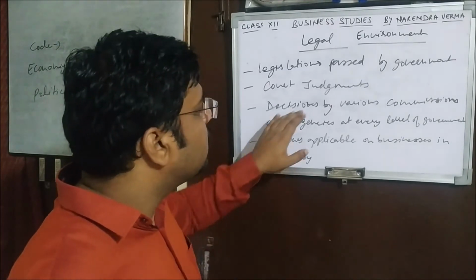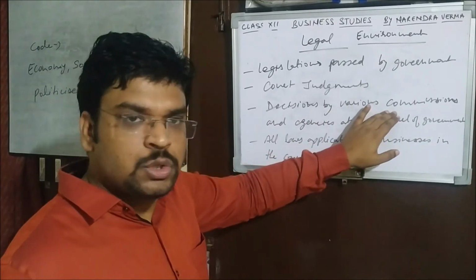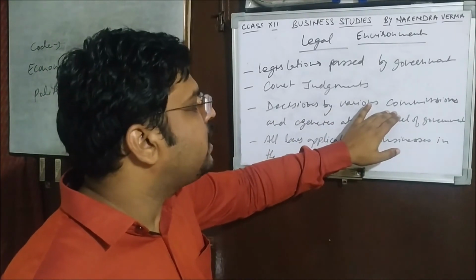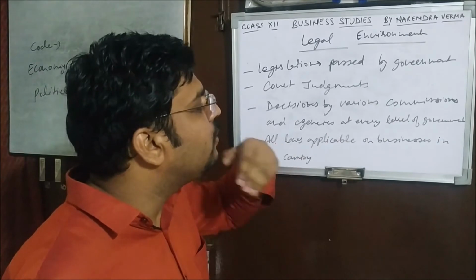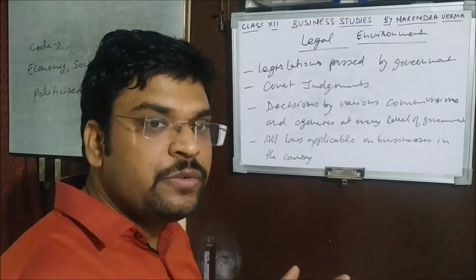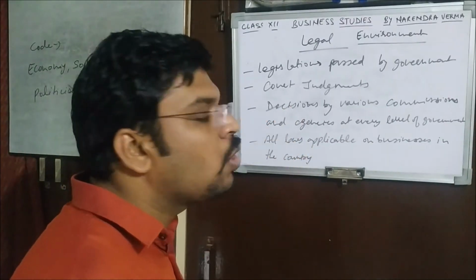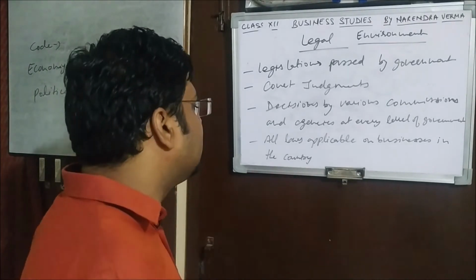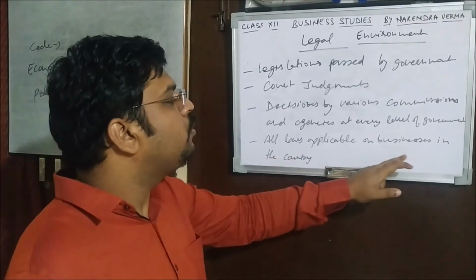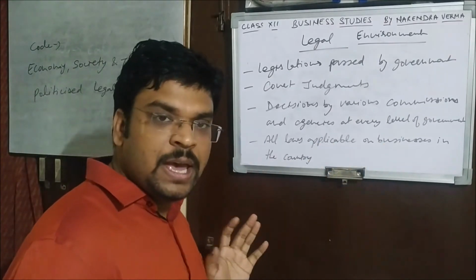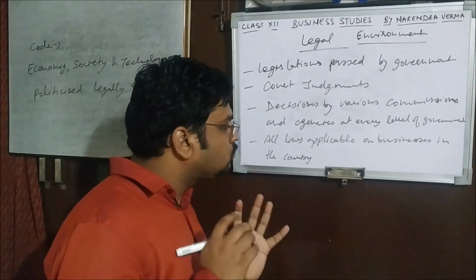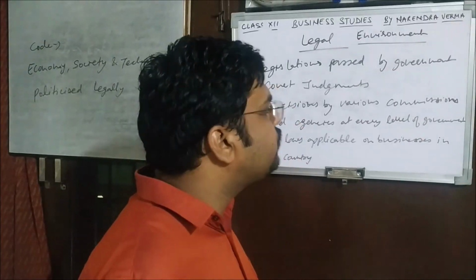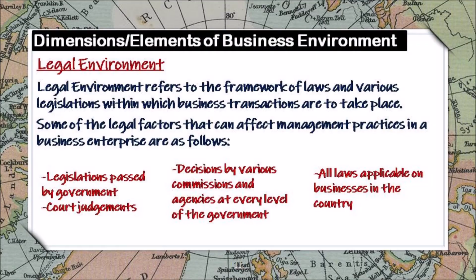So if the national commission, state commission, or district forum gives any kind of decision, that becomes a kind of law for the particular organization. It has to abide by that, so that is a part of legal environment. And all laws applicable on businesses in the country are applicable here.